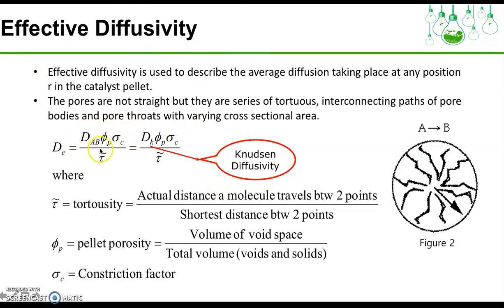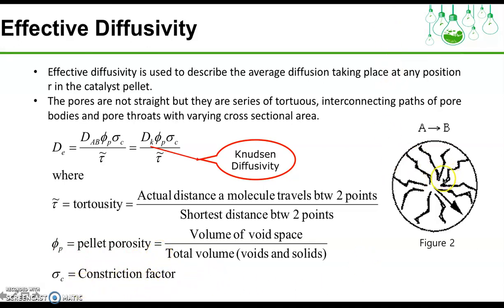Besides using DAB, we can also use Knudsen diffusivity, but Knudsen diffusivity only applies in a small catalyst pore. After this slide, I will show you a graph of where to apply DAB or Knudsen diffusivity. Tau is tortuosity, psi p is pellet porosity, and sigma c is the constriction factor.